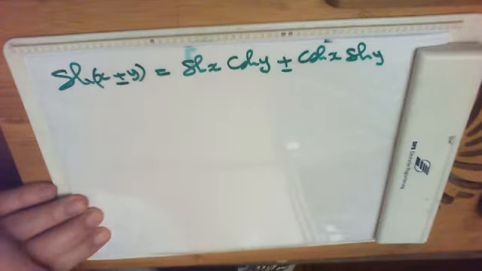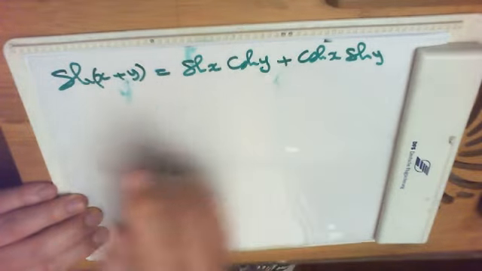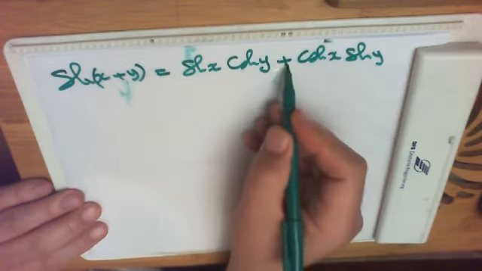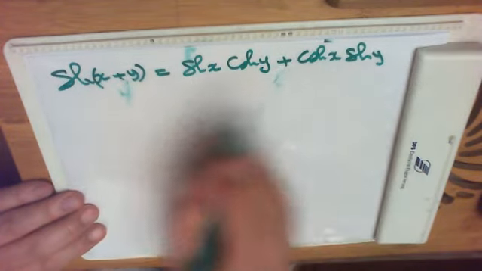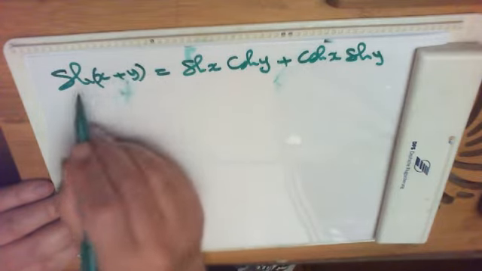Okay, that is to say sinh(x plus y) equals sinh x cosh y plus cosh x sinh y. Remember, these are not angles, they are numbers, 2, half, 3, and so on.